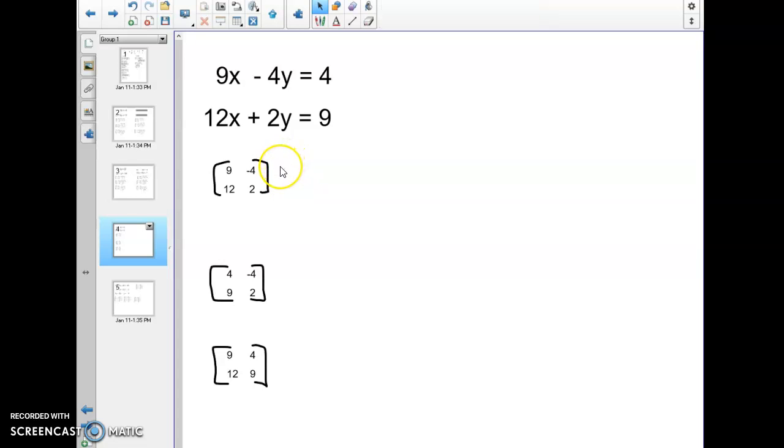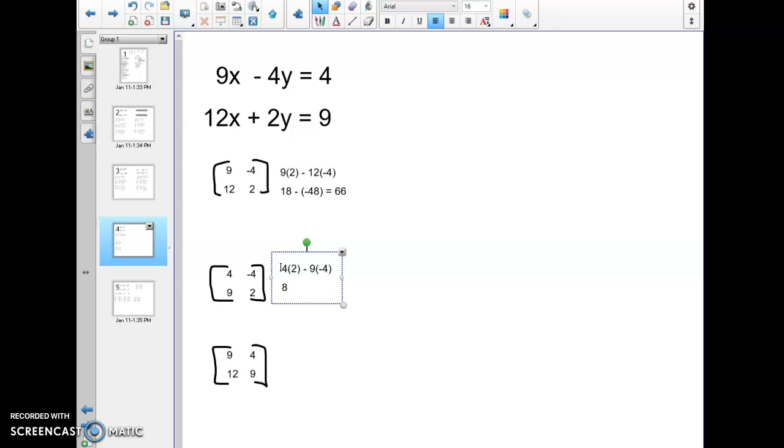So here, we're going to get 9 times 2 minus 12 times a negative 4, and that's going to be 18 minus a negative 48, and that equals 66. Here we're going to get 4 times 2 minus 9 times a negative 4. Oops.